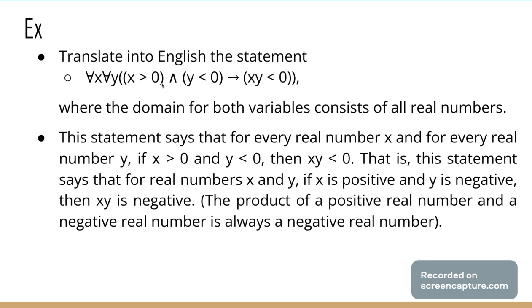If x is positive and y is negative, then it implies that xy is less than 0. A positive number and a negative number, when multiplied, will give a negative number, so it will be less than 0. This is the statement that is shown over here, and since the domain is real numbers, this is valid.